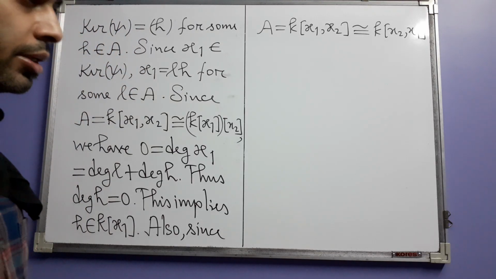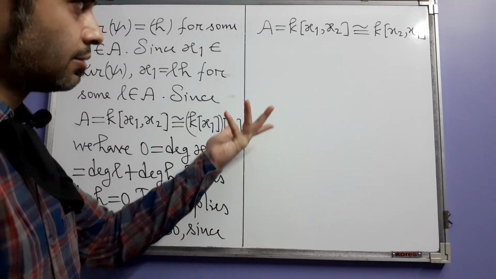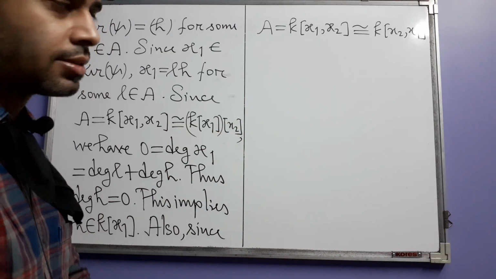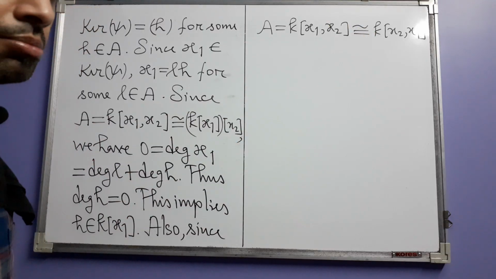If you want a rigorous proof, I have one proof, but these are things that you can just assume to be true. Okay, there is no need to really rack your brain on these things. There are more important things.